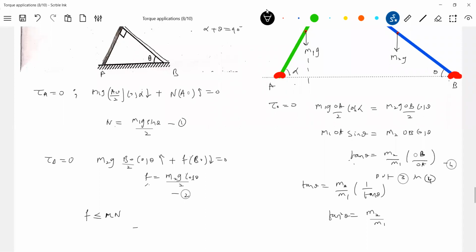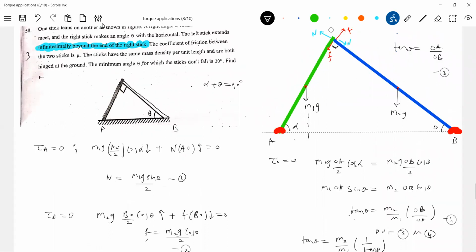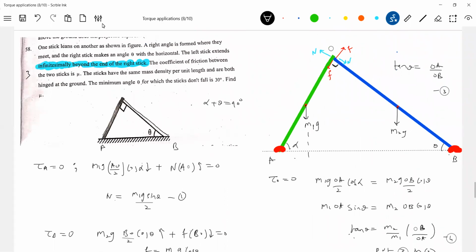Sir, since the weights of rods are different, won't the vertical component of reaction force be different, sir, for both the hinges? Vertical component, since weights of the rods are different, it will be different, right, sir?